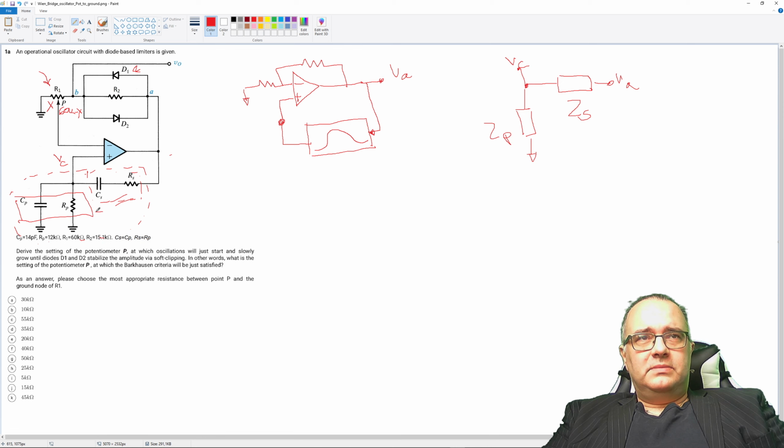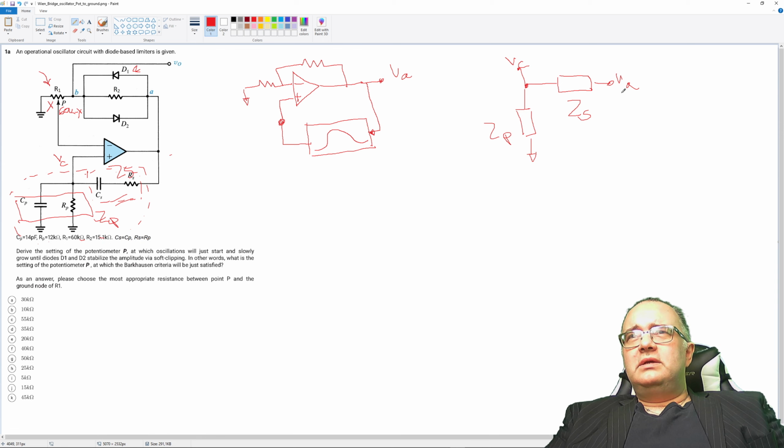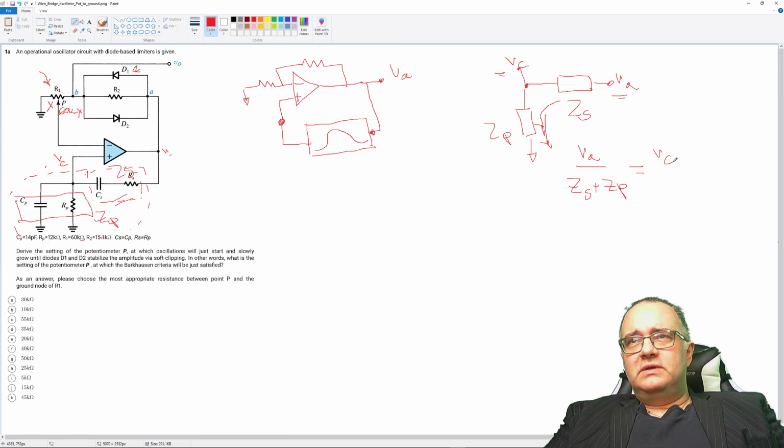So this will be ZP and this will be ZS. We can now write quickly the transfer characteristic from VA to VC, so from this node to this node. We can write simply that VA divided by ZS plus ZP, and this is the current, is simply equal to this current, which is VC divided by ZP.